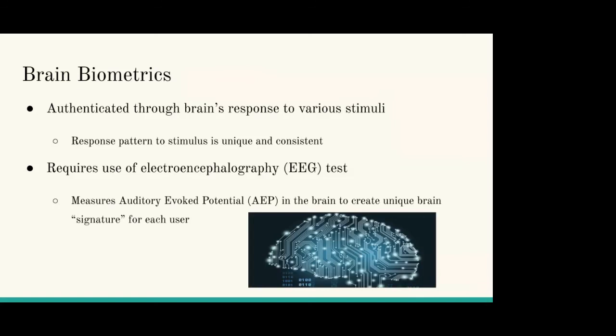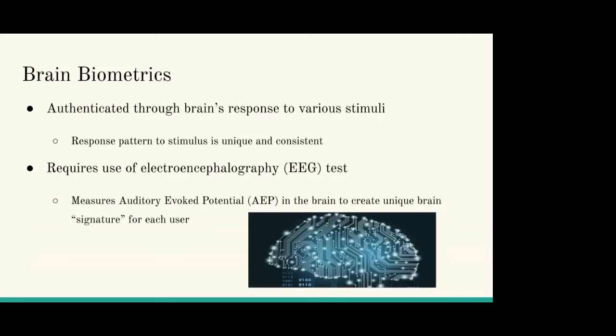Okay, so one area that's not really been looked at in biometrics is utilizing the brain as a biometric tool. The way this works is dependent on a few properties of every human's brain. Whenever someone is exposed to a stimulus, the brain response that occurs is always going to be unique and consistent.